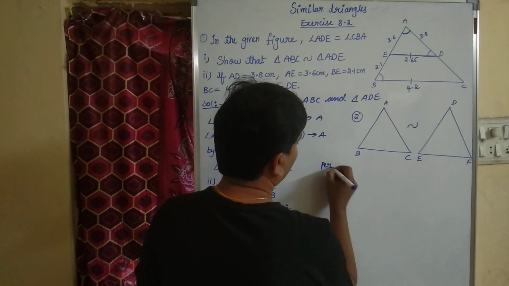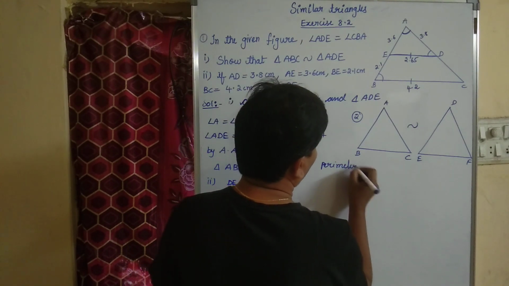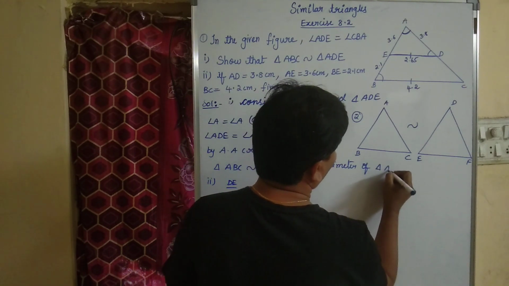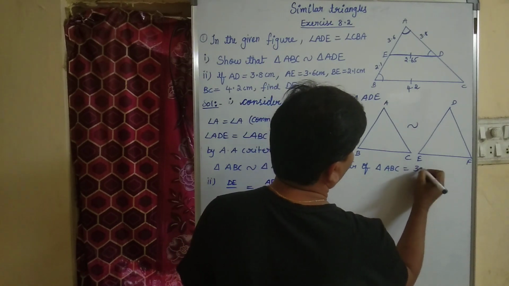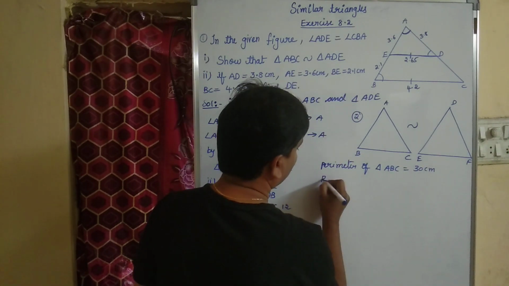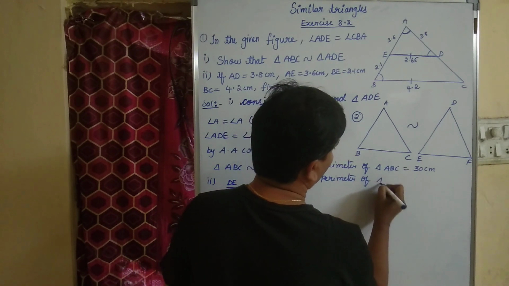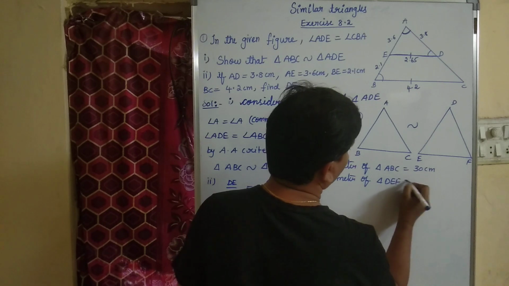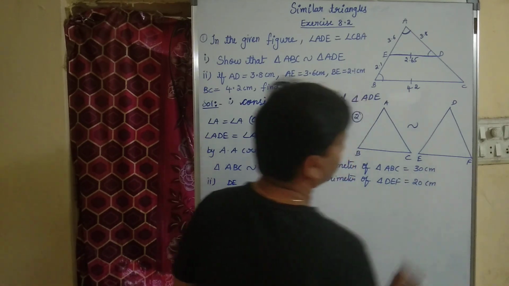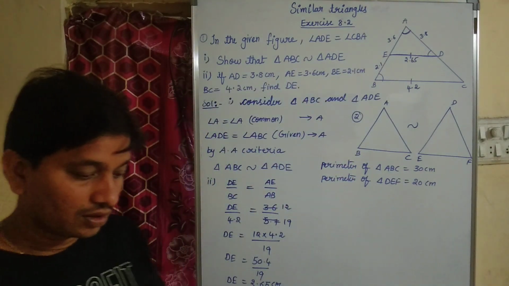Perimeter of triangle ABC is given 30 centimeter. Similarly, perimeter of triangle DEF is given 20 centimeter. Right?